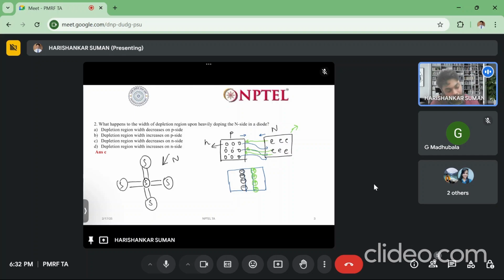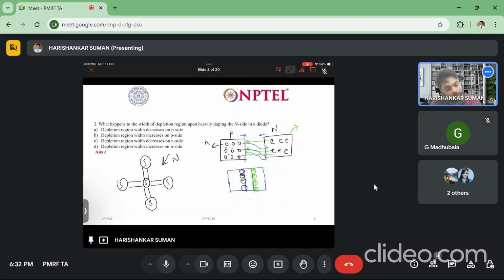When three-valent and five-valent atoms sit in it, they form p-type and n-type. So according to that, electrons and holes are there on the n side and p side. This is too clear to you, I think.